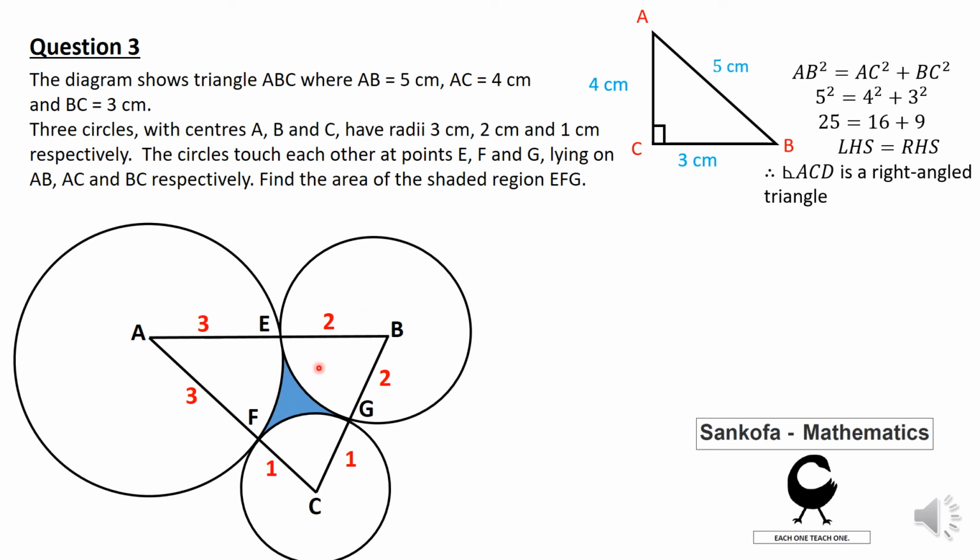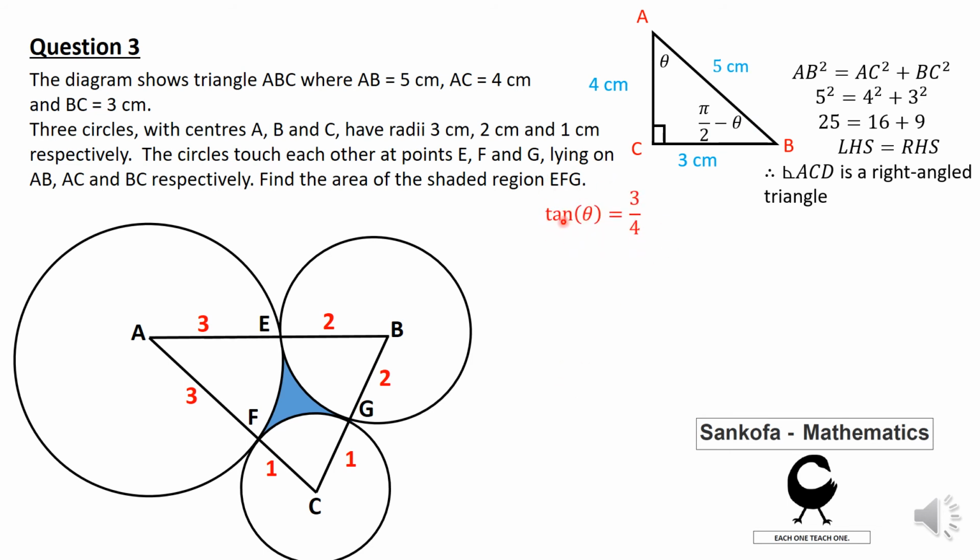So I will take the area of the whole triangle, then subtract the areas of these other small sectors, and that will give me the shaded part. If that angle is theta, this one here has to be pi upon 2 minus theta, so 90 degrees minus whatever that is.